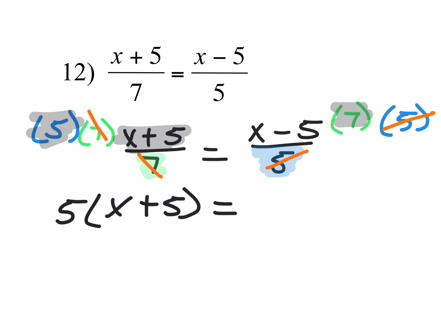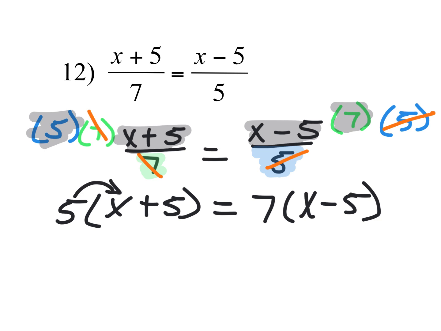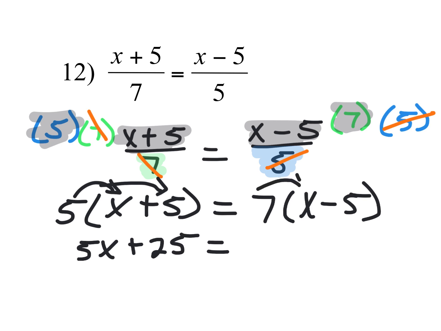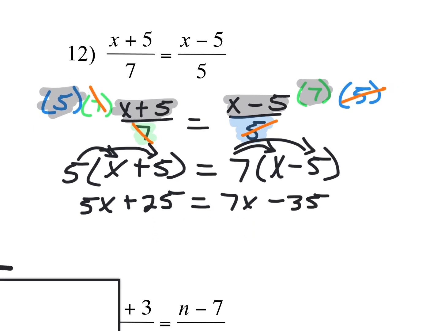Over here, I've got the 7 and the x minus 5, so I'm going to bring that down. Now I'm just going to do what we've been doing for a while. I'm going to distribute. That'll be 5x plus 25. And then I'm going to distribute over here, so 7x minus 35.